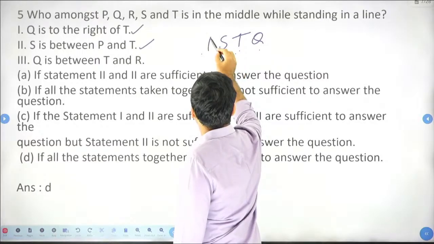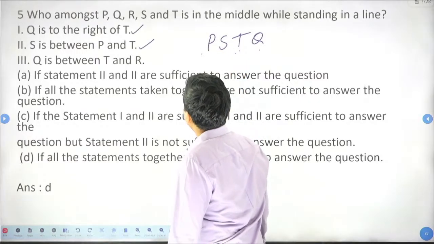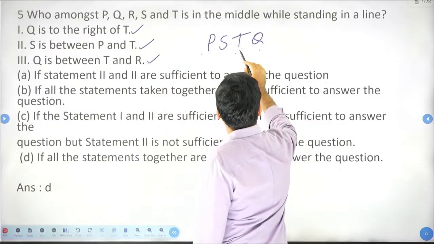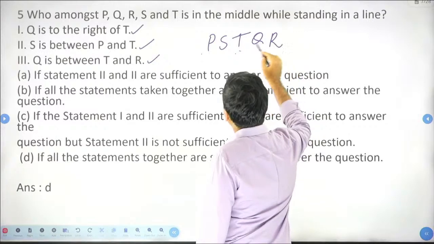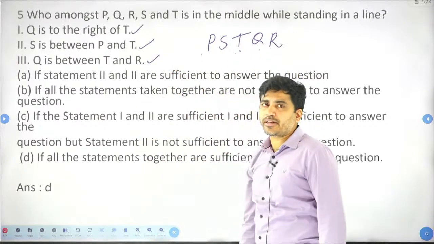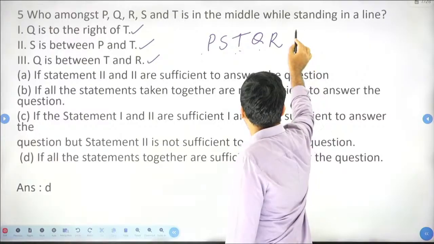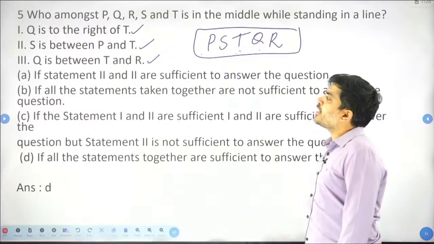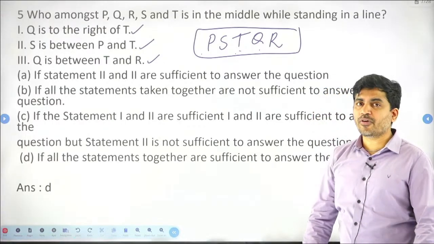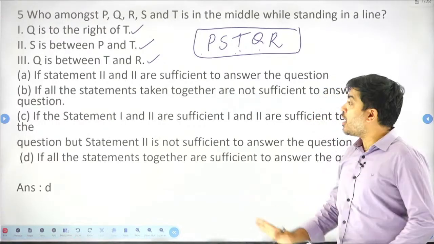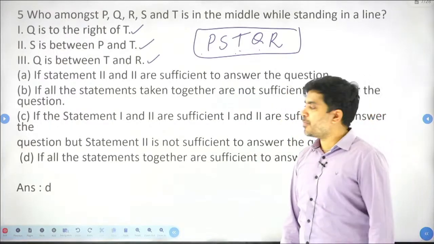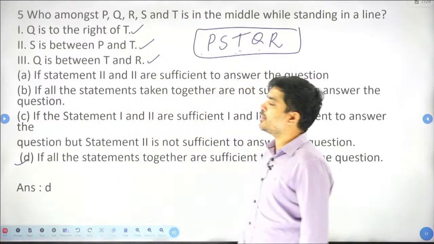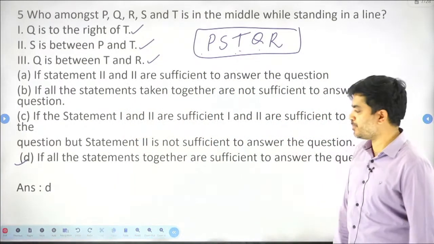So S and P. Then Q is between T and R, T and R. So we used all three statements to get this sequence. Right? All three statements are required to find the answer. Who is the middle person? T is the middle person. It means option D is the answer. Option D. Okay.